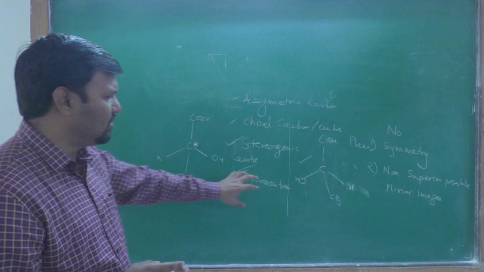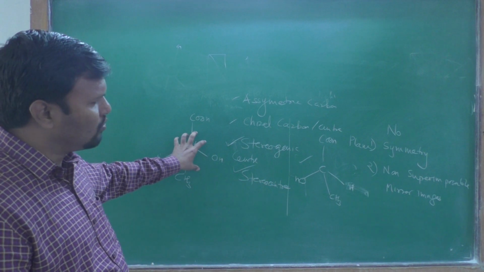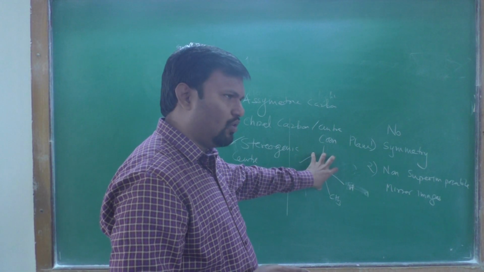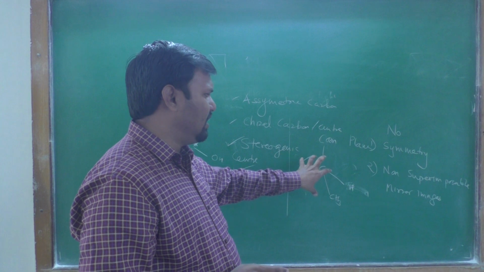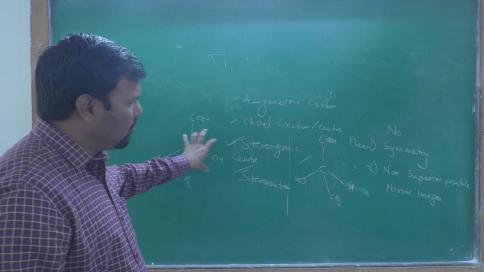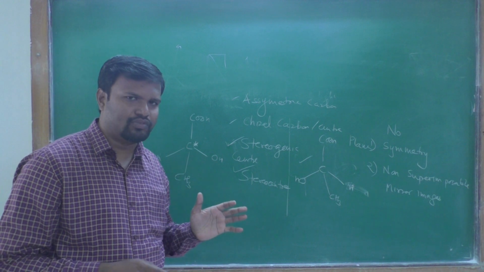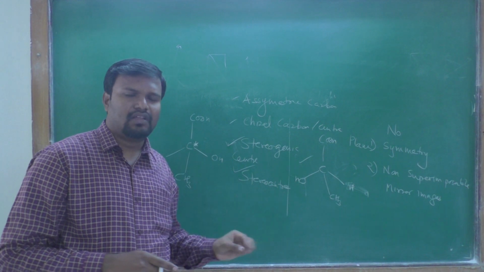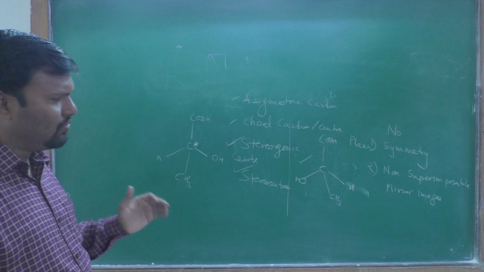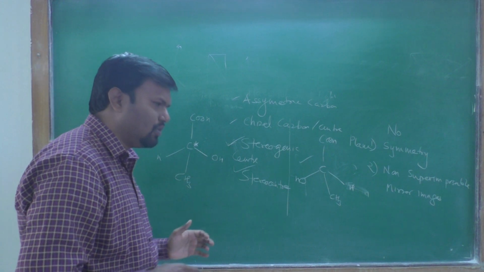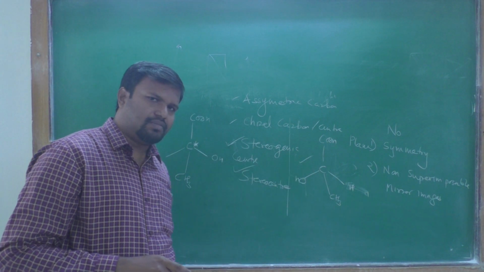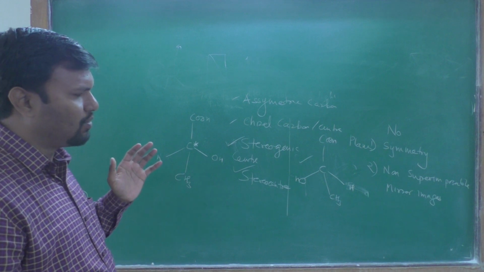When you overlap this molecule with this molecule, you find these two molecules are non-superimposable to each other. Therefore these two are enantiomers of each other. We will discuss the concept of enantiomers later, after discussing all the concepts of chirality.